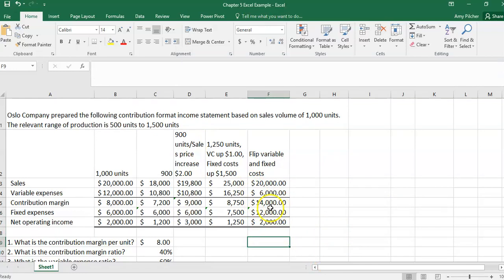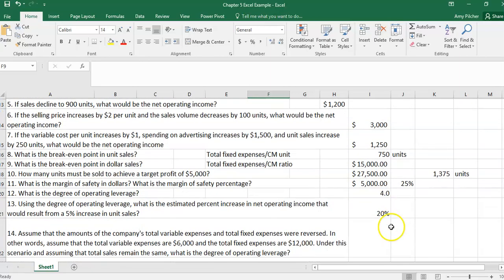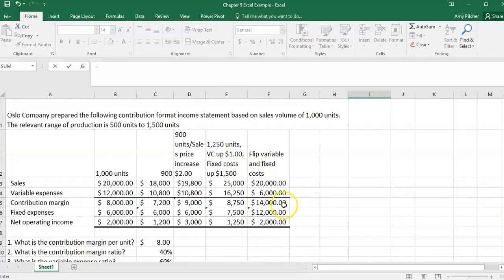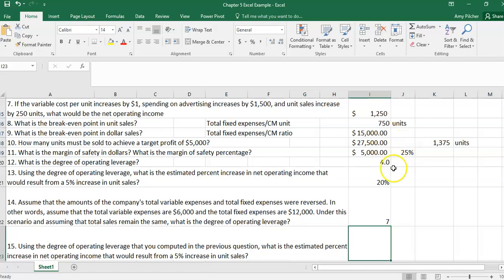So now to get our degree of operating leverage, we take 14,000 divided by 2,000, contribution margin divided by our net operating income. That takes our degree of operating leverage to 7.